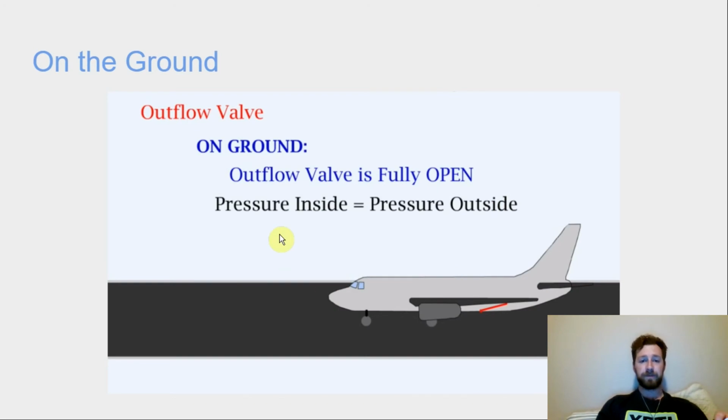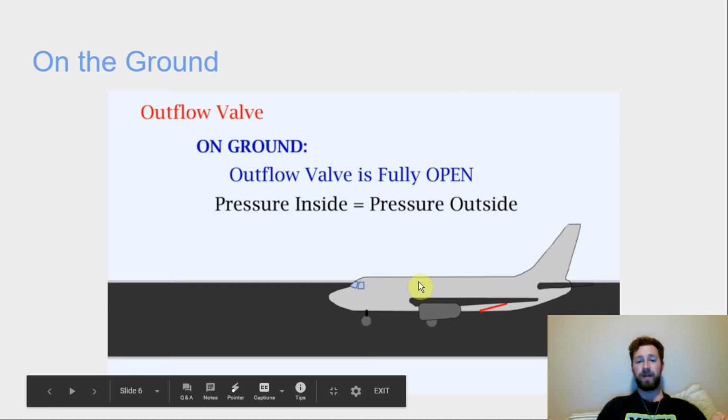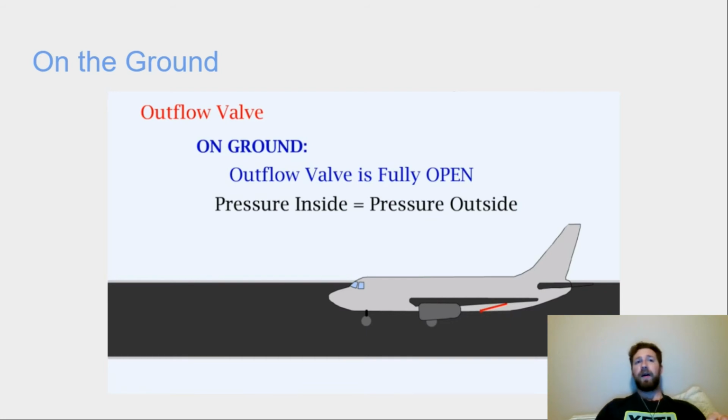So on the ground here, we can see that the outflow valve is fully open. So the pressure inside of the plane is going to be the same as the pressure outside of the plane with this pressure valve open. Imagine if you had the heat in your car on for your entire drive home and you let it get really, really hot in there, and then you were to open up your door, all of that heat's going to escape, and eventually your car is going to be the same temperature as it is outside.